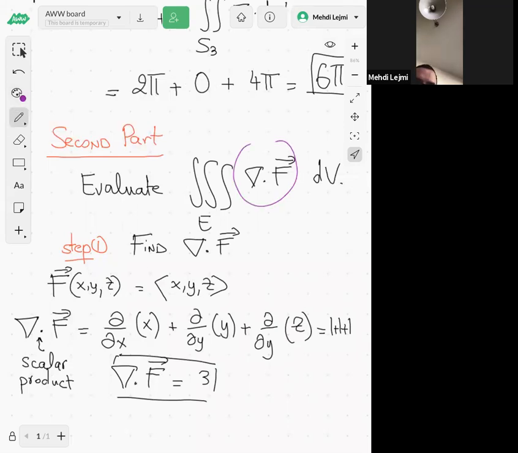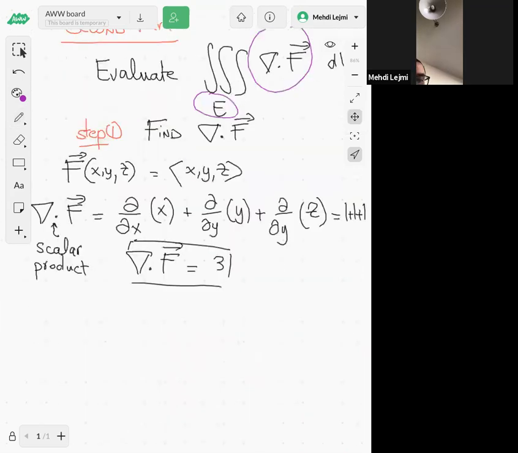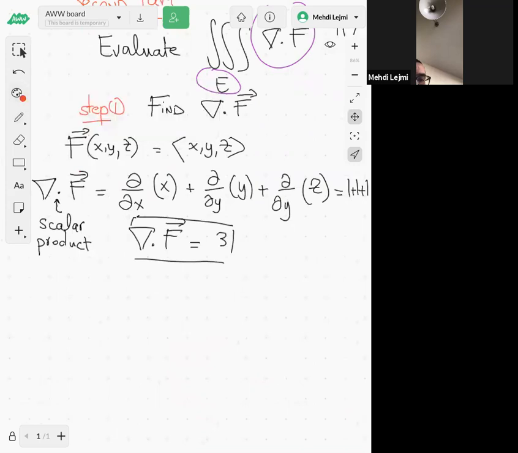Now we got the divergence of F. Now we need to find the bounds for the solid E. So step 2, I'm going to find the bounds for E. So what's E? E, again, is just the inside of the cylinder.